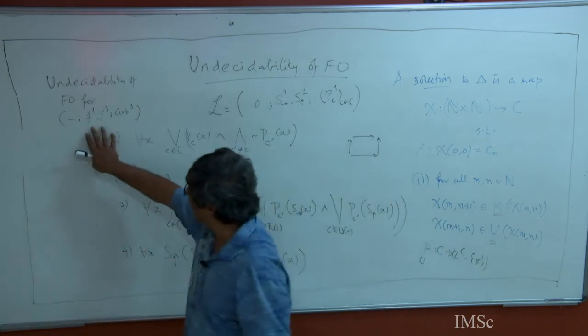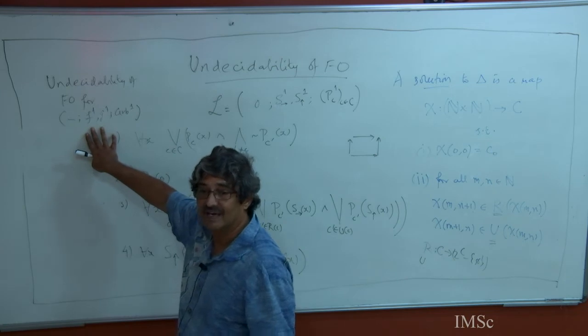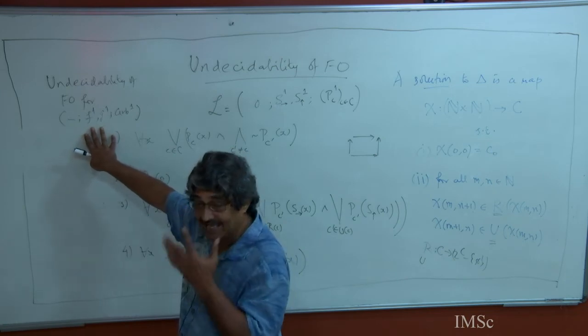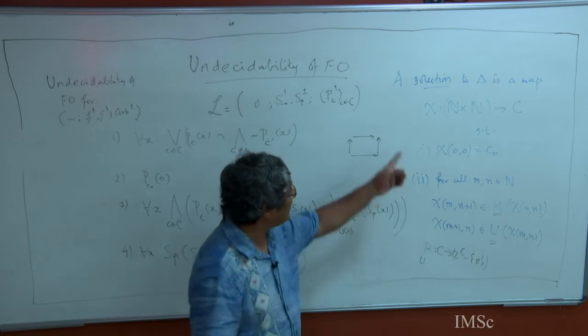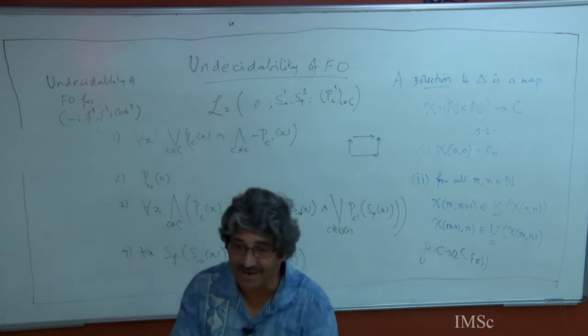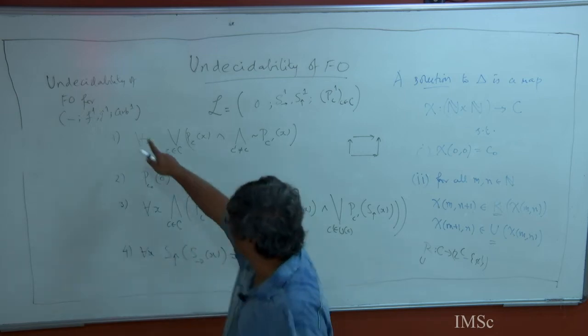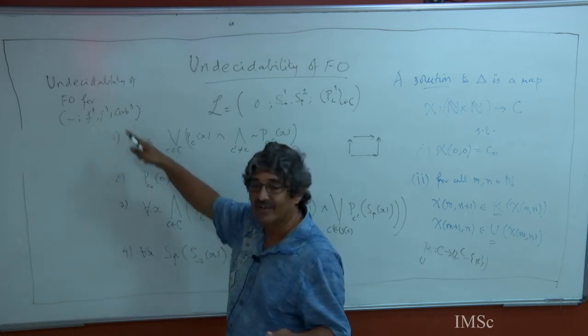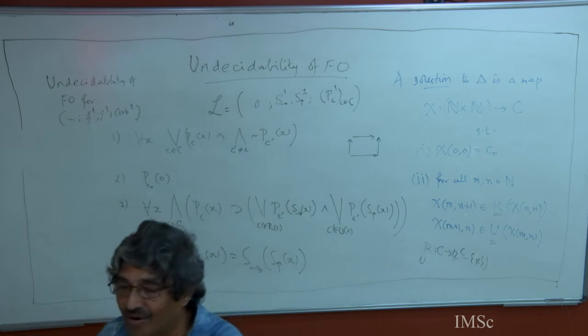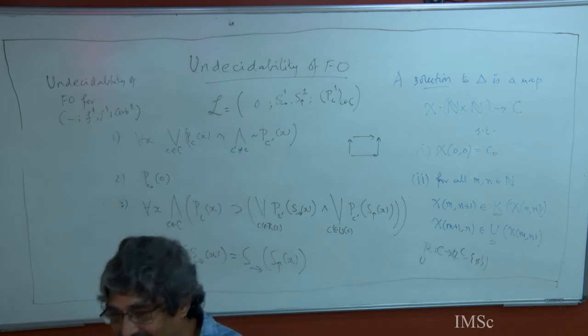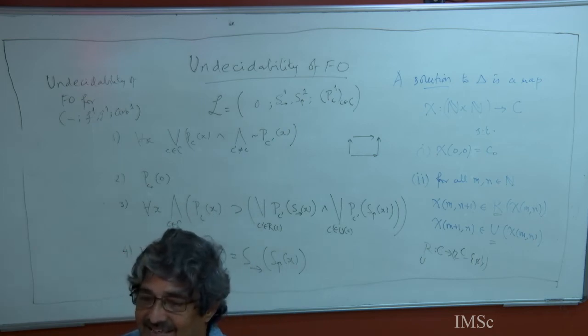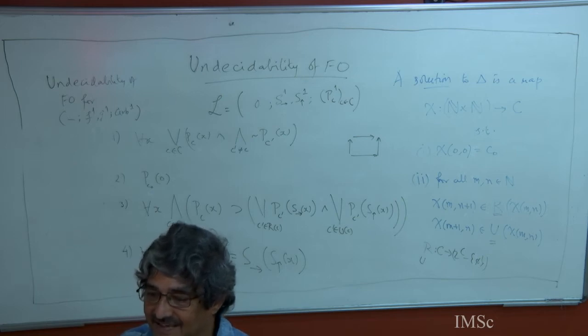So it's clear that I can do this with binary relations. I use the arbitrary number of unary predicates to talk about colors. That also can be thought of as a binary relation, that a point gets this color.